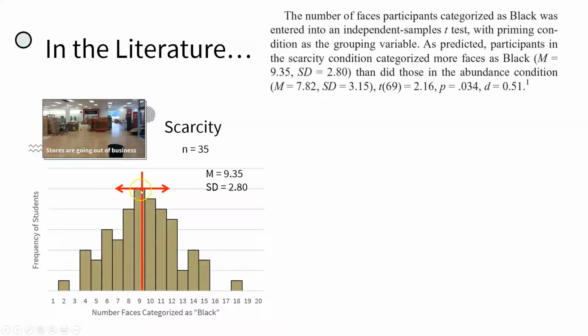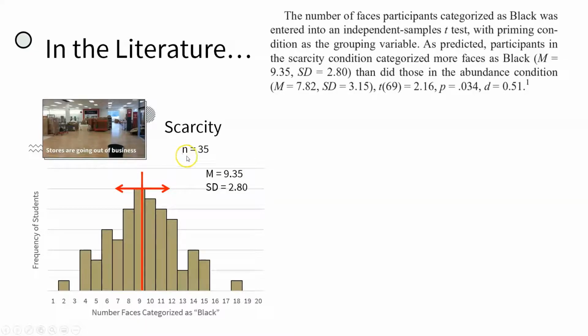Within this span is where most people fall. There are, of course, some people outside of that standard deviation, on either the upper or the lower side, but typically about 70% of the scores would fall within this bracketed range.